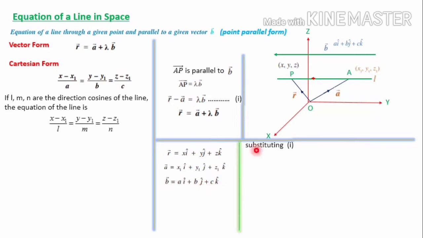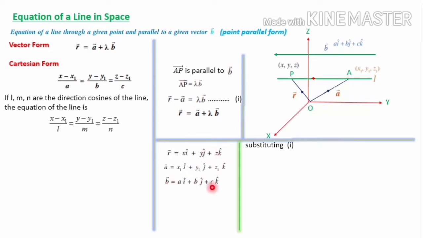Then let's substitute it in equation number 1, which is vector R minus vector A is equal to lambda into vector B. I am doing the calculation together. R minus A: taking I cap common, x minus x1 will come, so x minus x1 into I cap, then y minus y1 into j cap, z minus z1 into k cap.